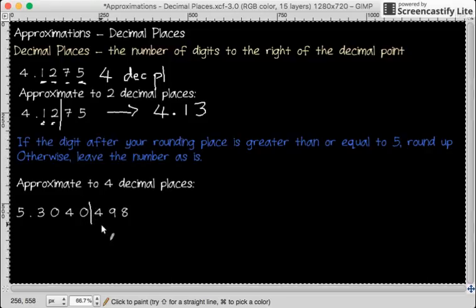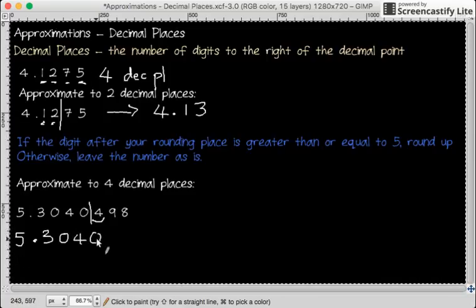Then we look at the next digit and see, is it 5 or greater? Well, no, 4 is not greater than or equal to 5, so this one has to stay as is. So this becomes 5 point, keep the same digits, 3, 0, 4, 0.